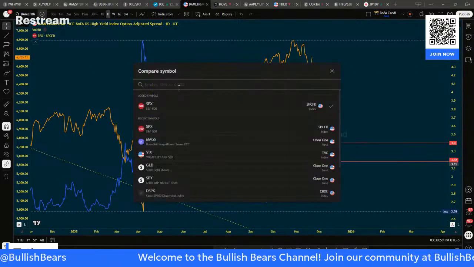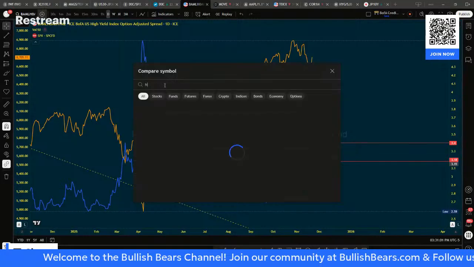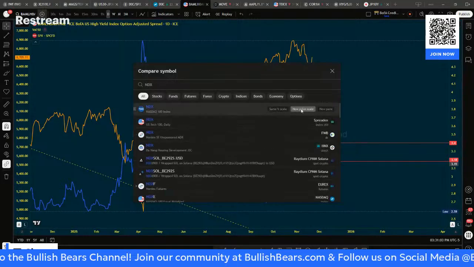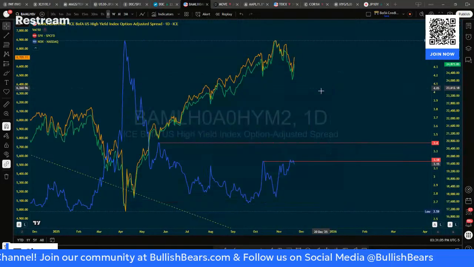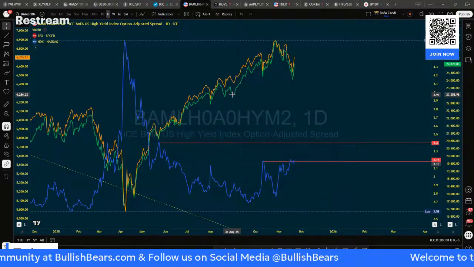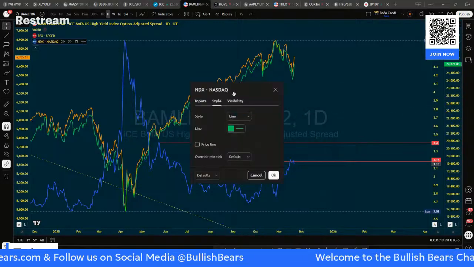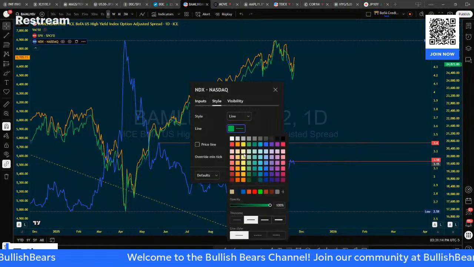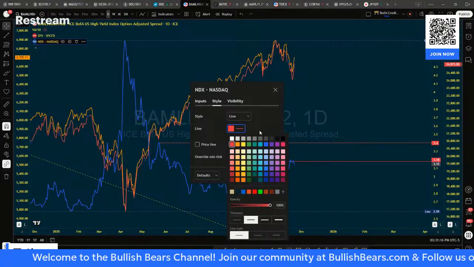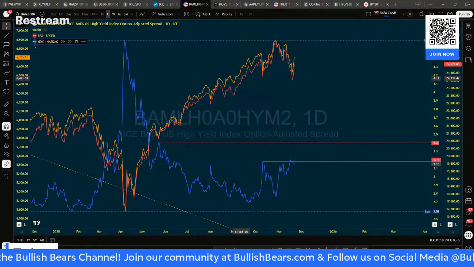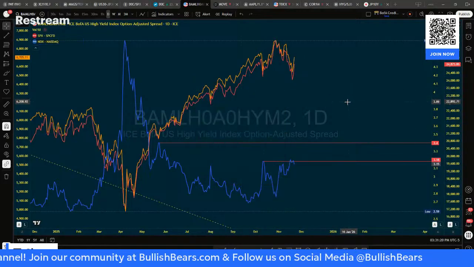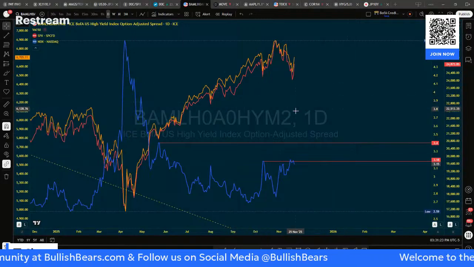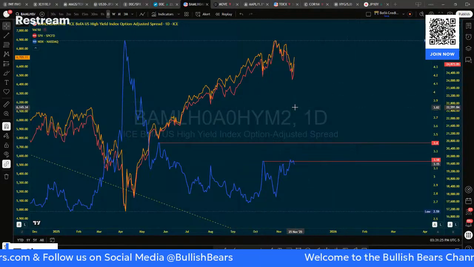So if I want to put the SPX and the index on there, new price scale. Now, I don't like my colors to clash. If your colors are all white, or all the same kind, just double click on whatever line you want to change the color of, and then change your color that way. It's the easiest way to get it done.